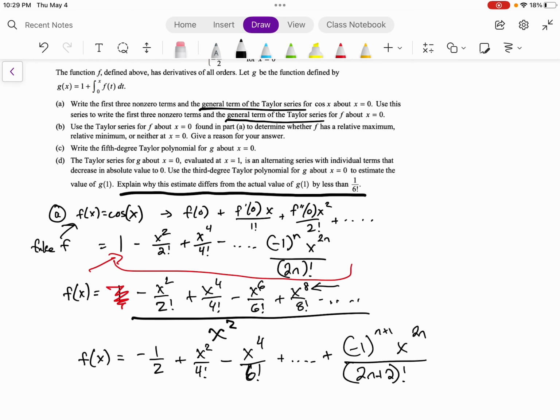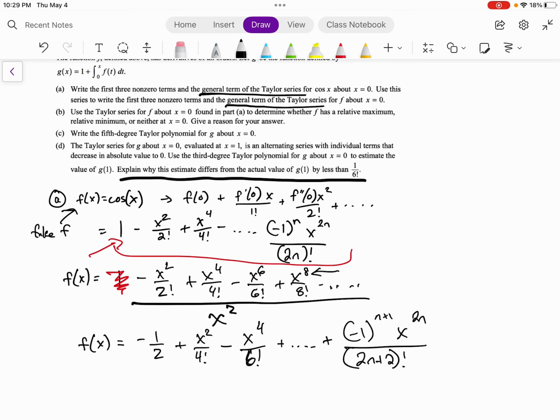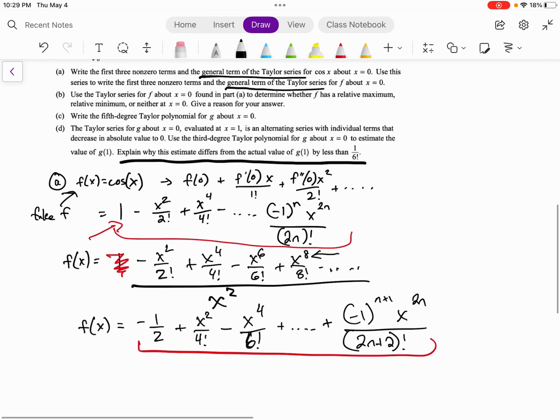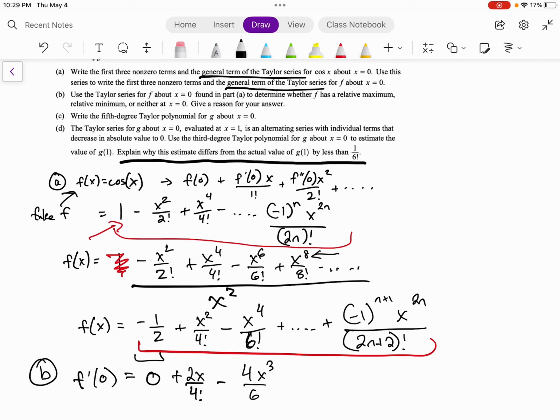If I take one derivative of this thing about 0 and evaluate at 0, so f prime of 0, this first term is going to go away, so that's just 0. Then every subsequent term, we're going to have 2x over 4 factorial minus 4x cubed over 6 factorial plus dot dot dot. All of these have an x in them, so f prime of 0 is 0.